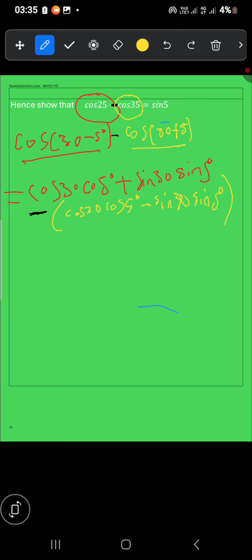Then the negative outside here will change the sign inside, and the brackets will be gone.